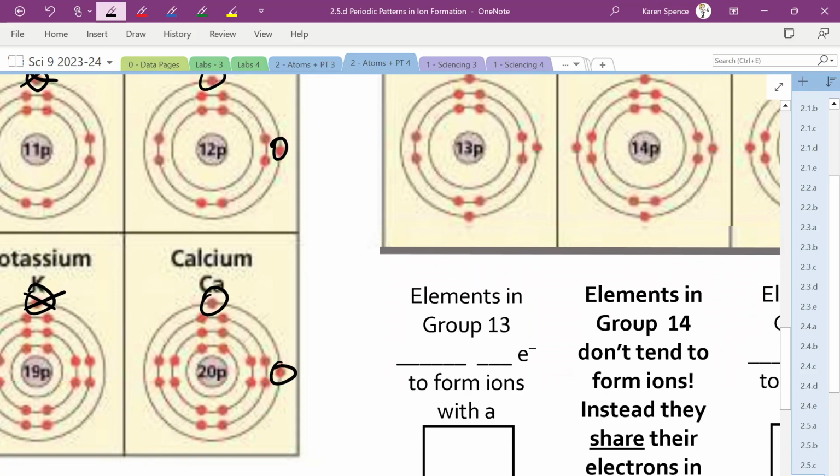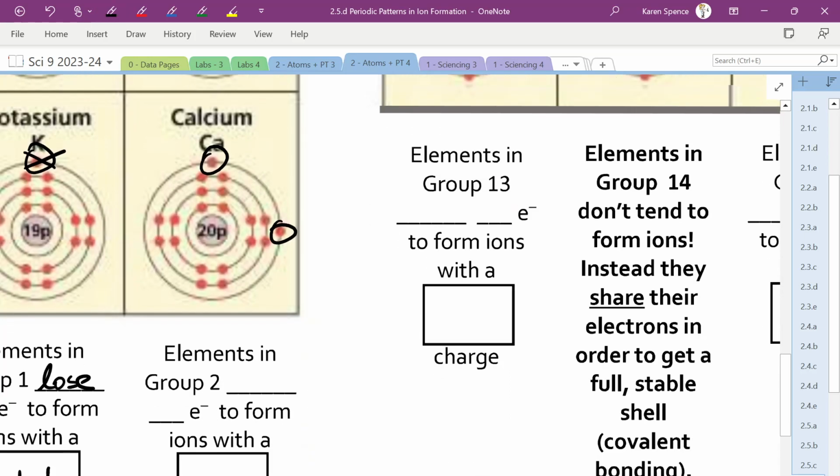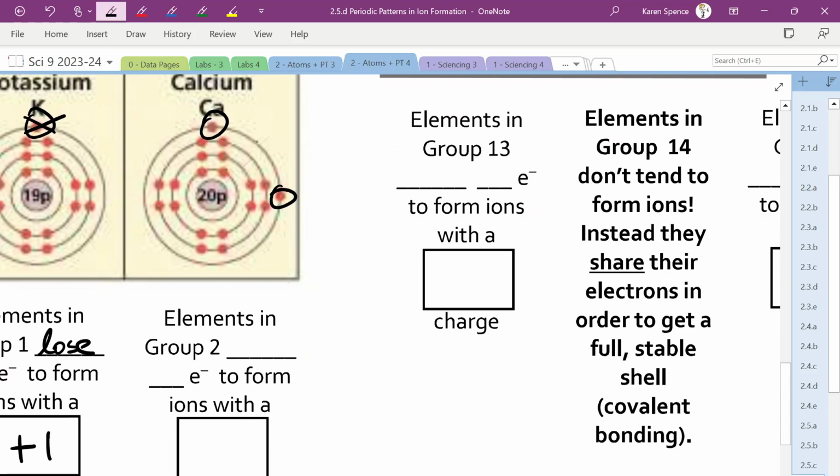Yes. So every time you have a group 2 atom in column number 2, it's going to have 2 valence electrons. And it's going to lose those to become an ion.